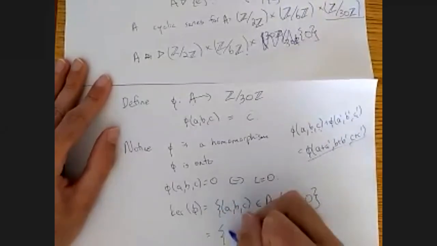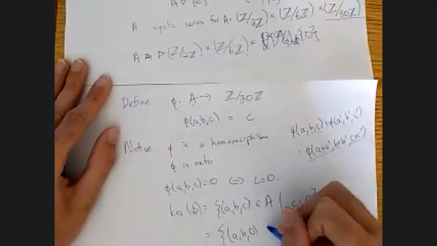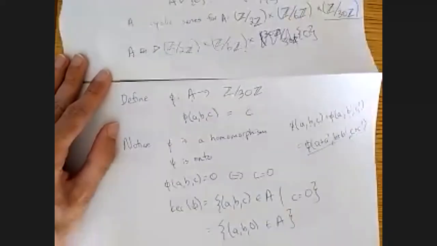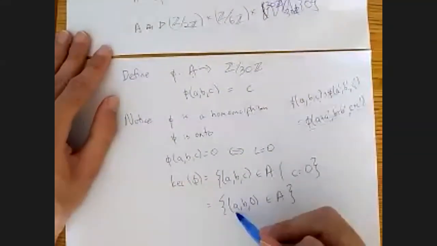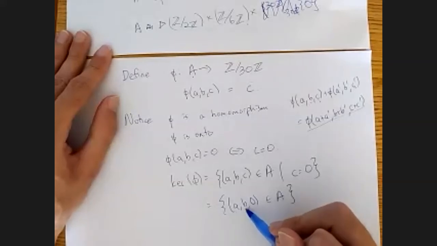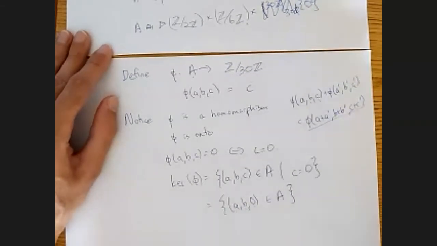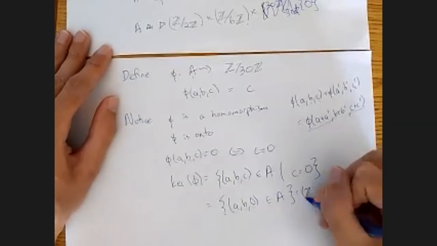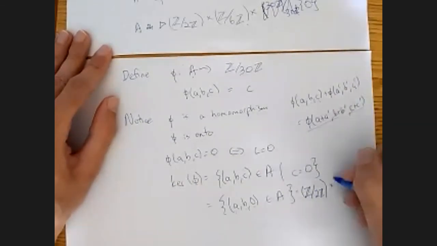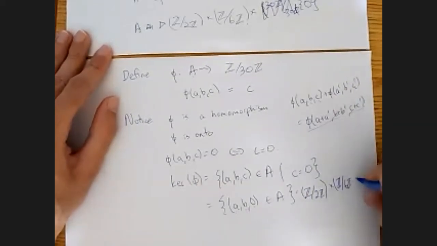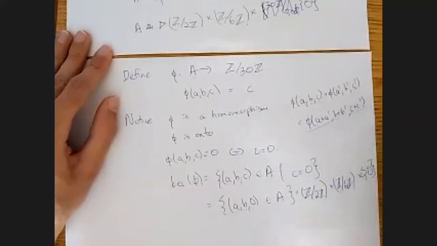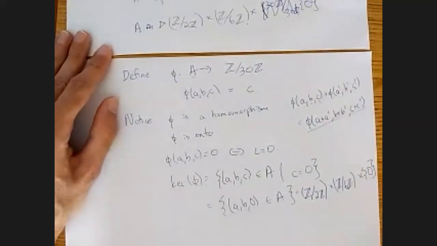In other words, it's the set of all (a, b, 0) in A. A is Z mod 2Z cross Z mod 6Z, so a can be in Z mod 2Z, b can be in Z mod 6Z, and 0 is just 0. That's just one thing. So this is what we wrote, and the kernel is this.